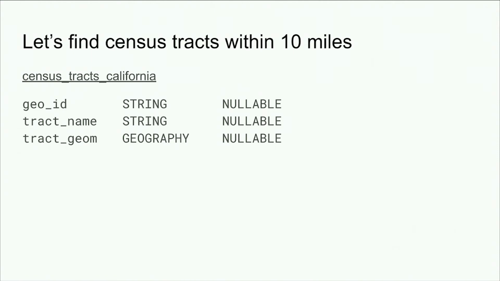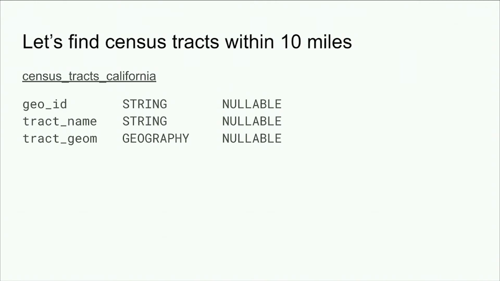So that's an example. Let's find census tracts. That's very common when you do any location analysis. You want to use census data because that's the most detailed data about population that you have. So our table might have, for example, a geography ID, just a government string that defines that tract, the name of the tract, and the geometry of the tract.